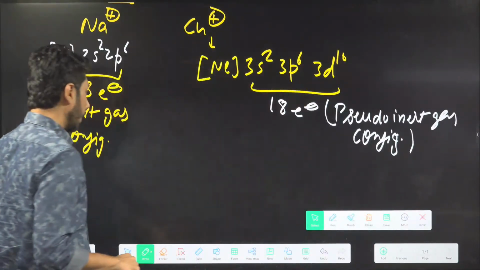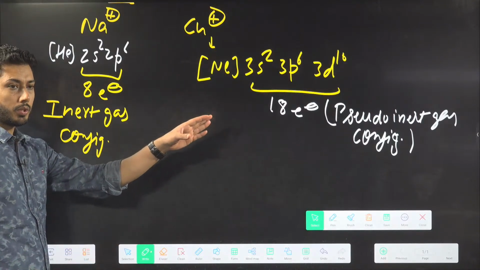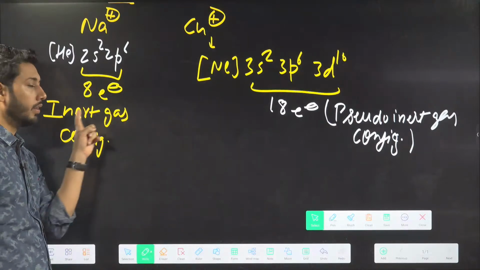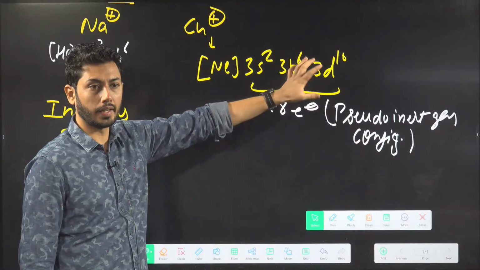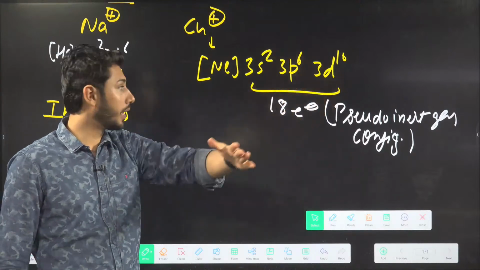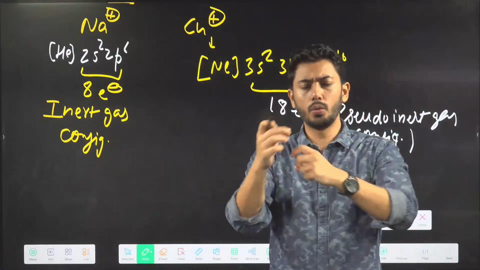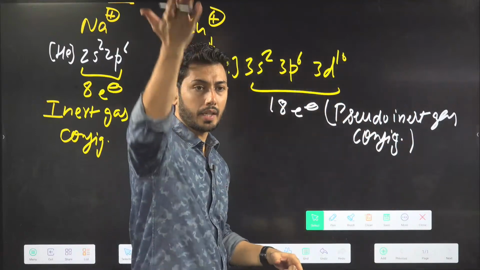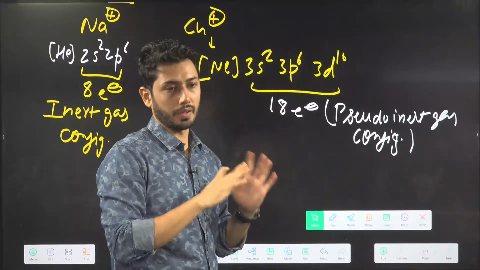So now apply the which point? Fifth point, that cation with pseudo inert gas configuration has more polarizing power than inert gas configuration. Why? Because of the poor shielding of 10d electrons. If you know about poor shielding effect from periodic table, you can easily understand. Due to poor shielding, Z effective increases, and when Z effective increases, polarizing power also increases.